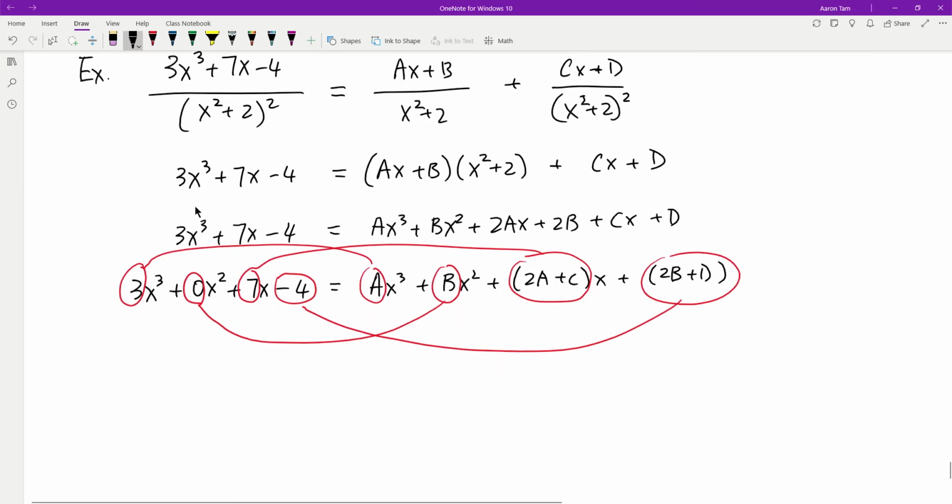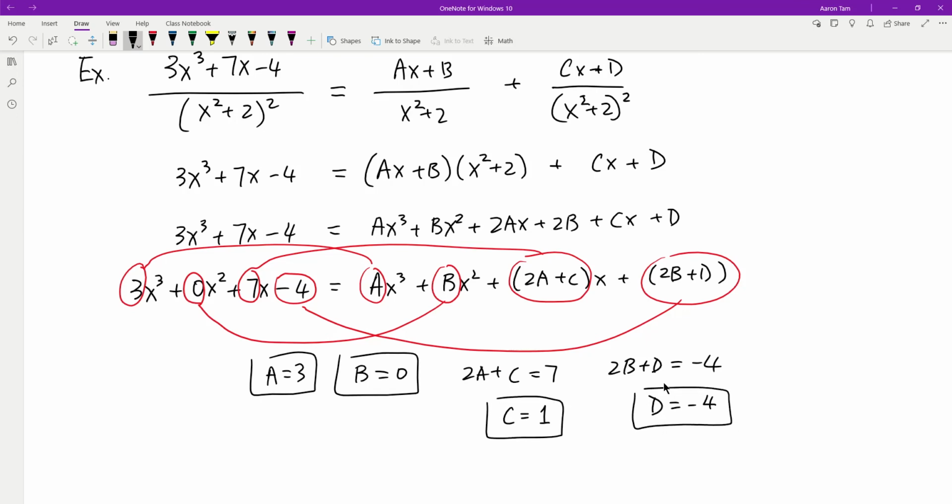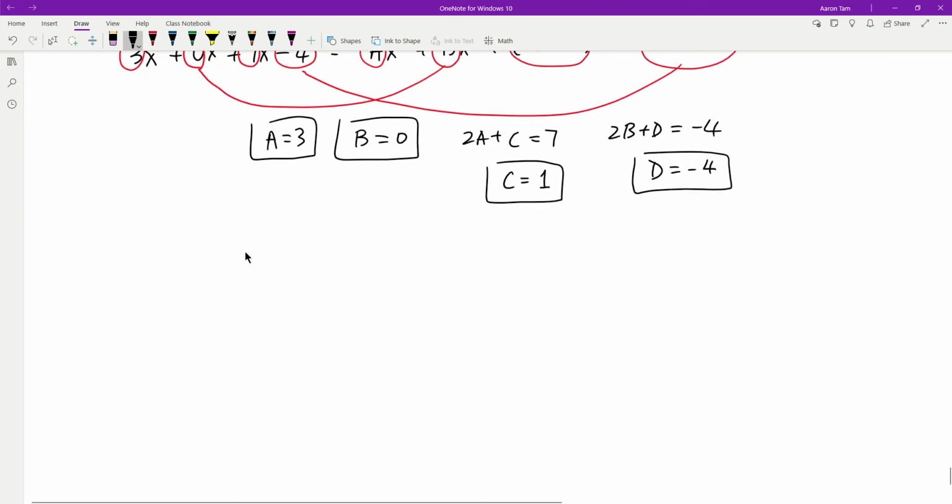Granted, this is the same as before, but this system is a lot easier to do because automatically I know that A has to be 3, B has to be 0, and then 2A plus C must equal 7, and 2B plus D must equal -4. So knowing B is equal to 0, D must equal -4. And therefore that gives us the answer almost immediately. And now I can form my partial fraction. 3x squared, 3x to the third.